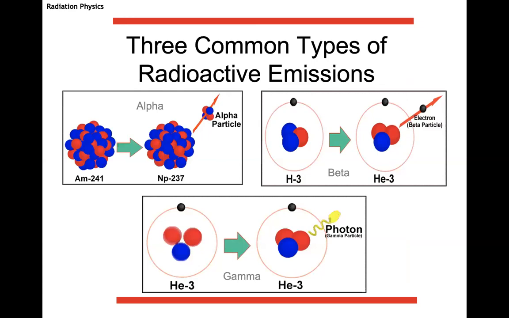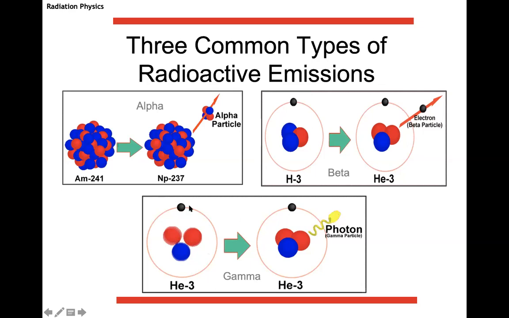Now, what are the types of emissions? This you also know very well. The alpha emission is characteristic of the heavy elements. It's the consequence of the tunnel effect, a quantum mechanics effect. So you can have a heavy element like americium-241 that decays into neptunium-237 with the emission of an alpha particle, which is nothing else than the helium ion, with 2 protons and 2 neutrons.